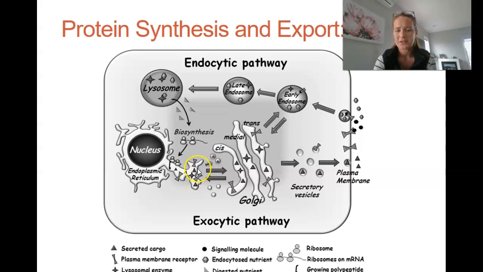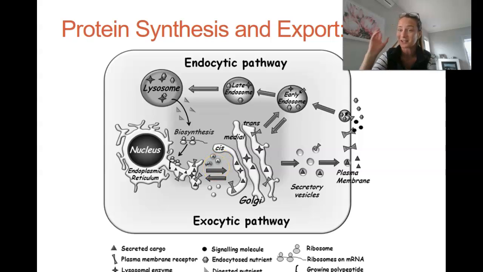Once we've got our protein finished with in the ribosome, in the rough endoplasmic reticulum, part of that membrane then buds off. You can imagine it forming a circle around that protein, and now it is a transport vesicle. That transport vesicle will float to, it's a bit more technical than floating around the cell.